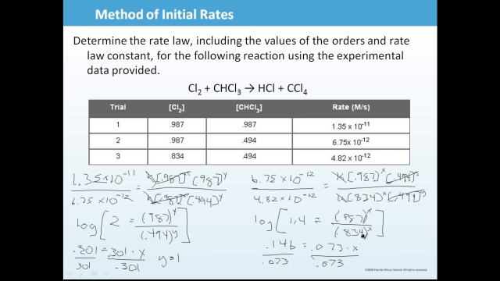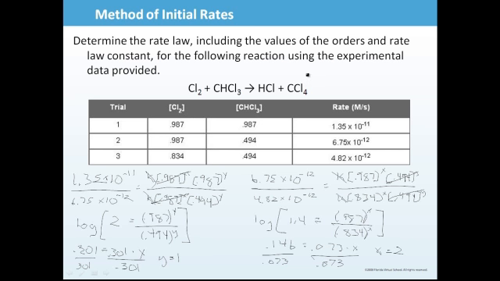And you can see that that's going to give us x being 2. Okay, so just pause here for a moment. What that tells us then is that this reaction rate is first order when compared to the CHCl3, and it is second order when compared to the Cl2.